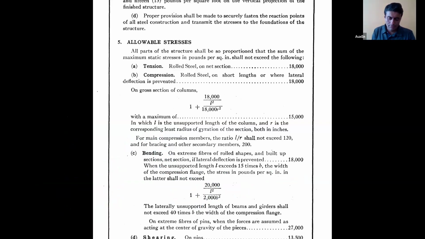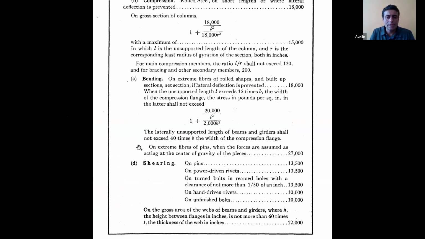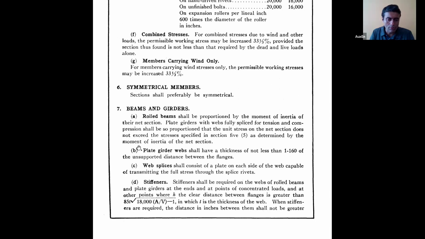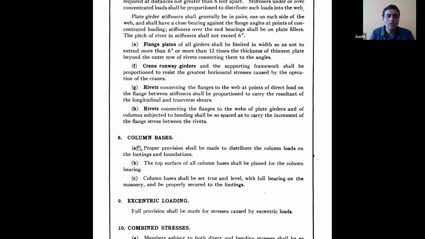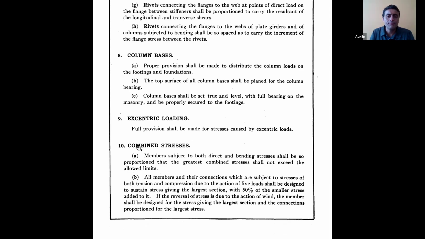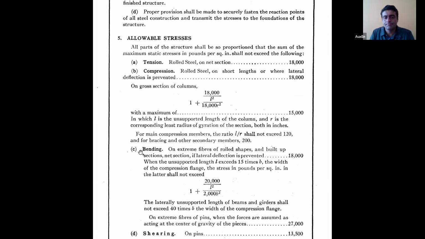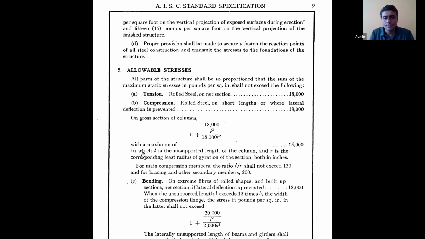I think we'll stop over here. Today is the first day. Tomorrow we'll just have a quick look at these allowable stresses and at this code. It's interesting to go through it, to see how the first specification was.